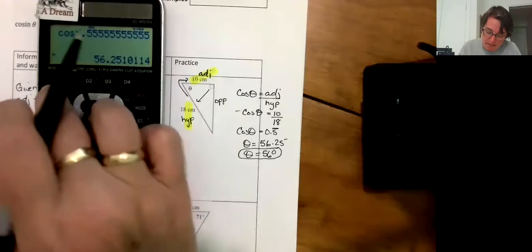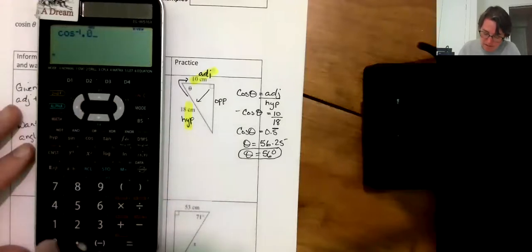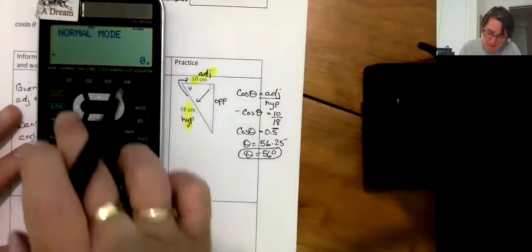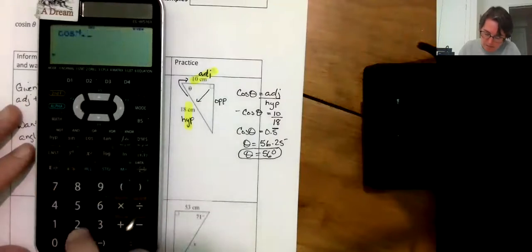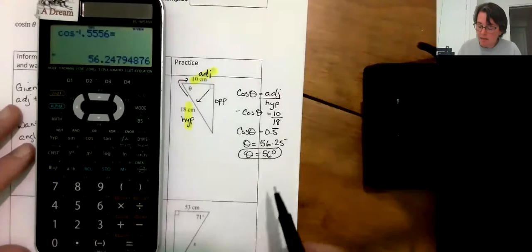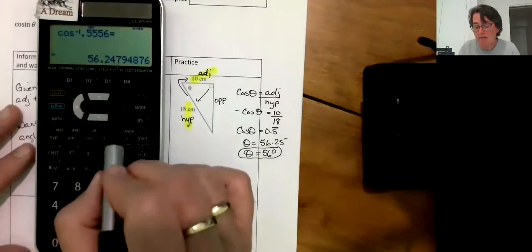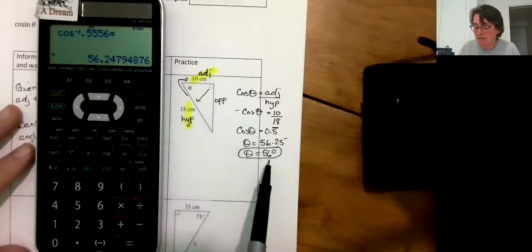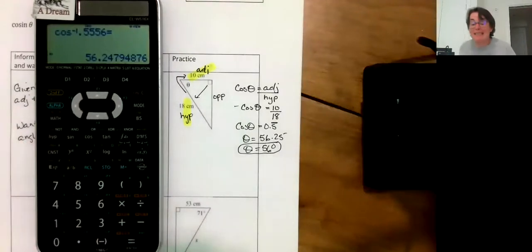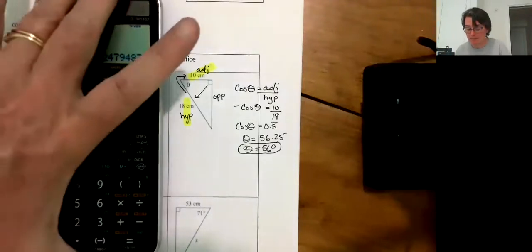If you go second and cos and 0.5556, rounding appropriately, it's still going to be this, and when you round to the nearest whole number, it's still going to be 56. So it really doesn't matter a whole lot. I just like this calculator because it allows me to just hit equals, and it takes my answer. Get to know your calculator.